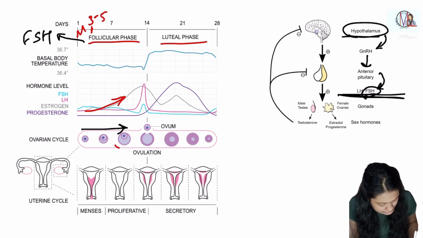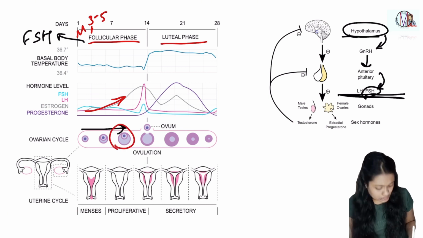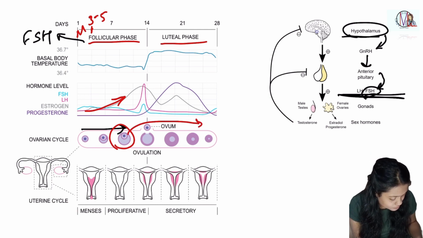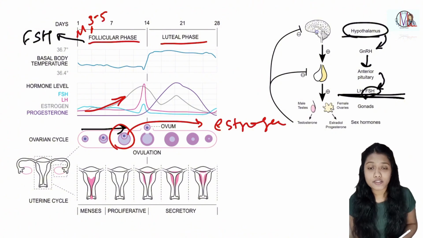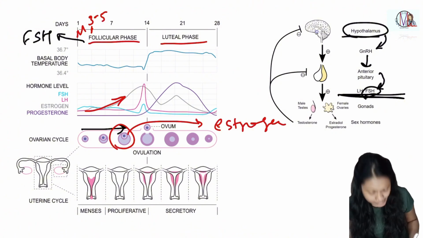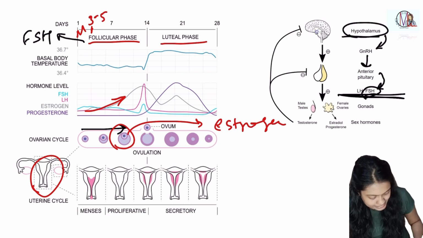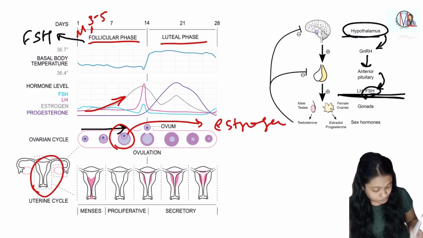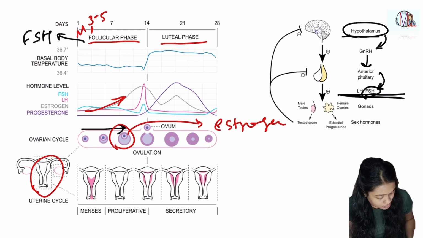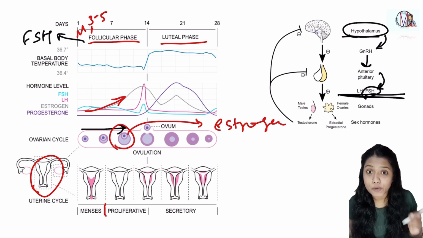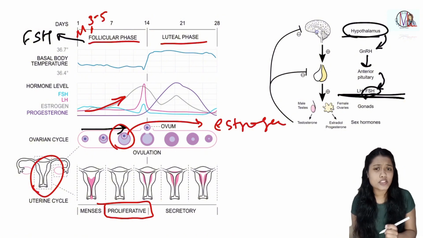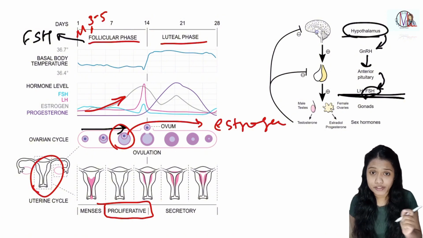This Graafian follicle will release estrogen, and this estrogen now will act on the endometrium. As it is increasing in response to FSH, this estrogen will make the endometrial wall proliferative. Hence the name proliferative phase. This follicular phase is also known as the proliferative phase.